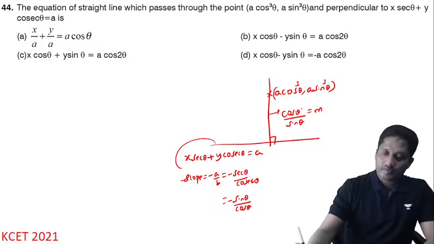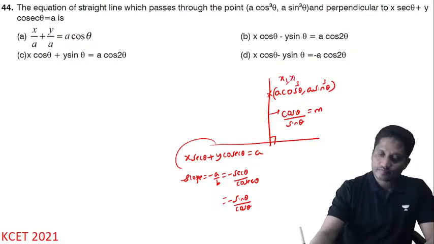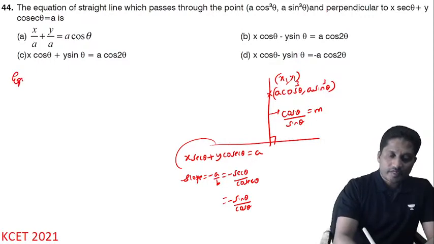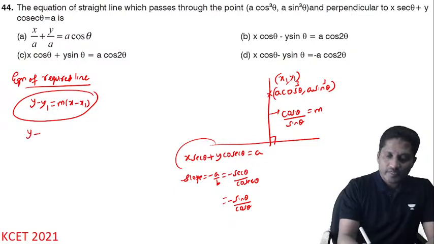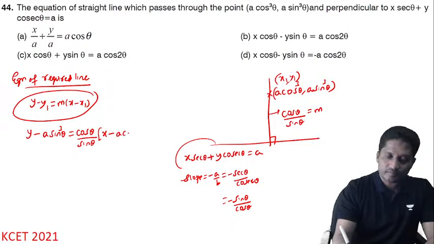Now the required line, this is x1 comma y1. The equation of the required line will be y minus y1 is equal to m into x minus x1. Now y minus y1 is A sin cube theta is equal to m, that is cos theta by sin theta, into x minus x1, that is x minus A cos cube theta.